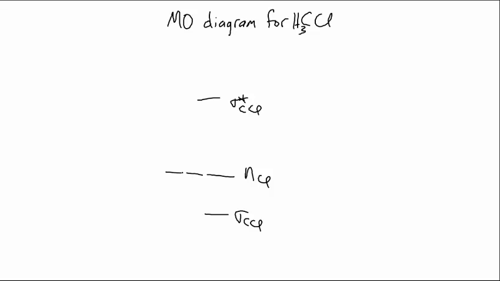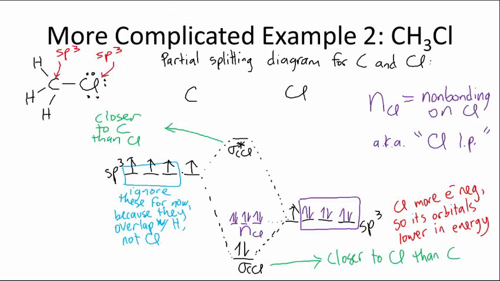What other orbitals am I going to need to include in my diagram? What haven't I considered yet? The CH orbitals.